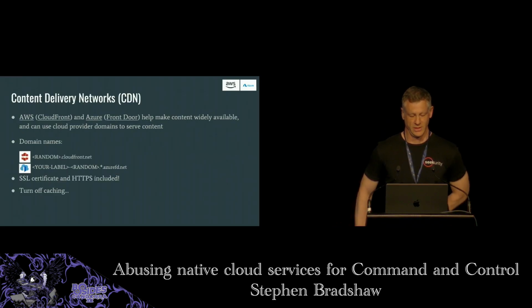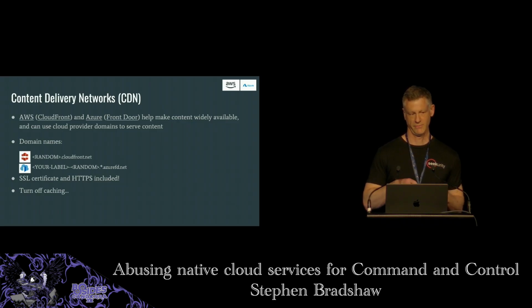The next category is content delivery networks, and these are basically networks that make your website more globally available by having points of presence all over the world. In the case of AWS and Azure, so CloudFront and Front Door, you can get one of these distribution networks set up and get access to a cloud-provided domain name.